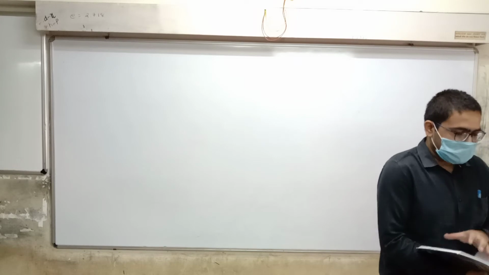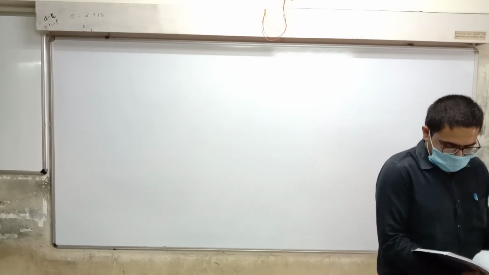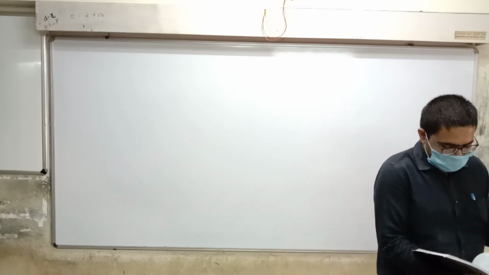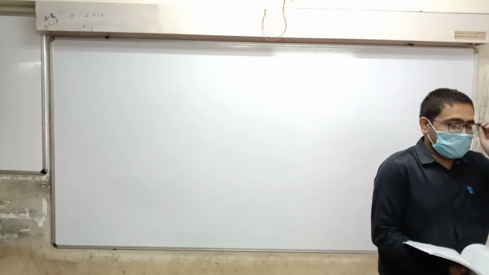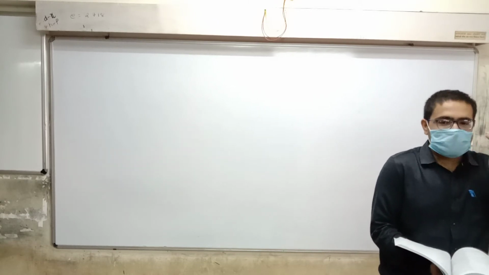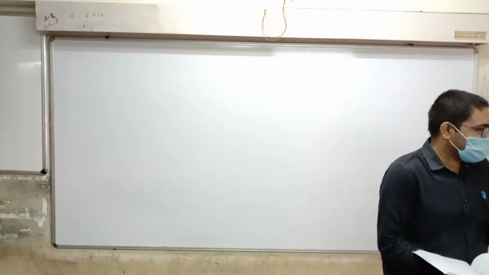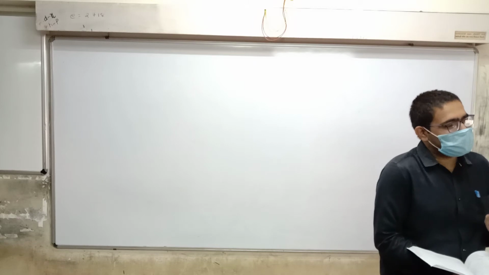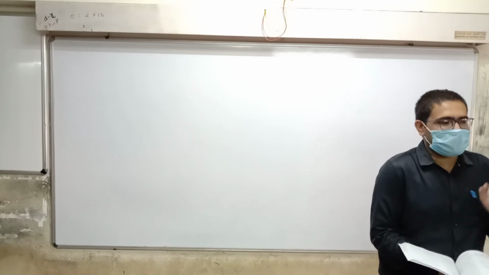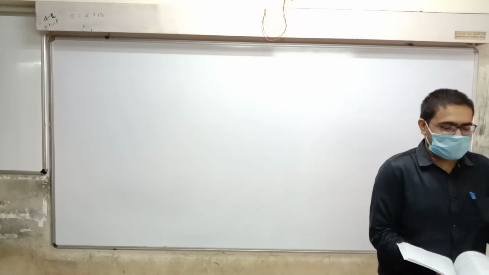Now, this chapter we don't have, I mean, there is photodiode, there is LED, but what I'll do is give you notes first of all. You go through the notes once, and then we will discuss it.